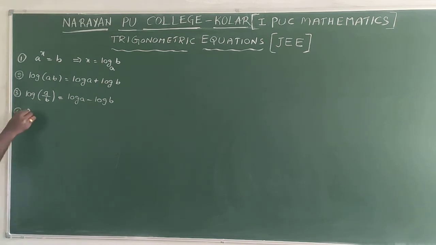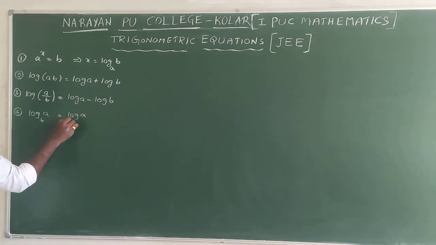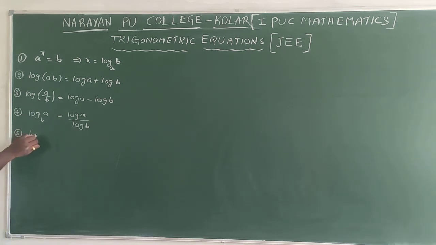Fourth one, log a base b can be written as log a by log b. Next, fifth one, log a base a, this value is 1.